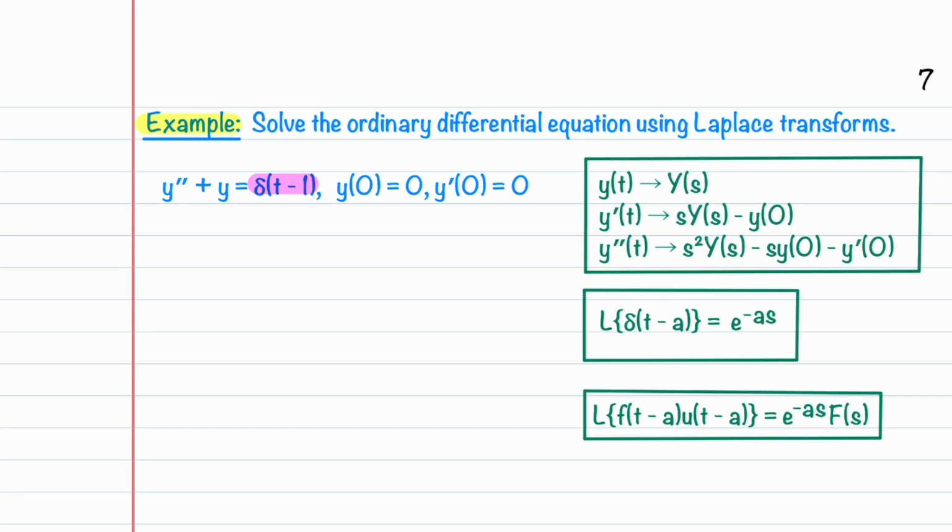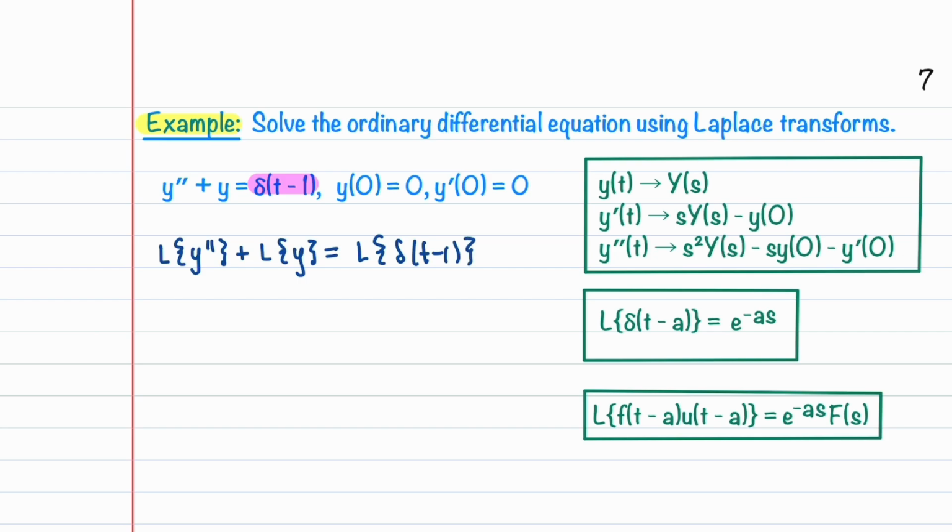Let's begin by taking the Laplace transform of every term in the equation. We have the Laplace transform of y double prime plus the Laplace transform of y is equal to the Laplace transform of delta of t minus 1.